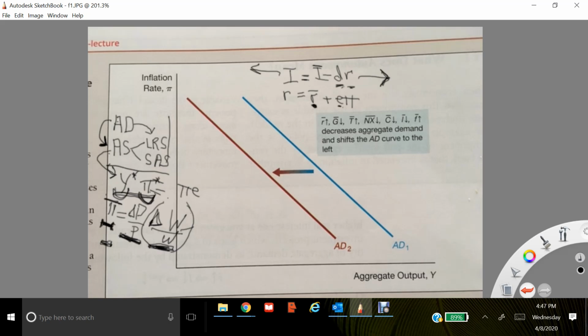Since E is a positive number, the higher inflation is, the higher the real rate of interest the Fed wants to set in the market.